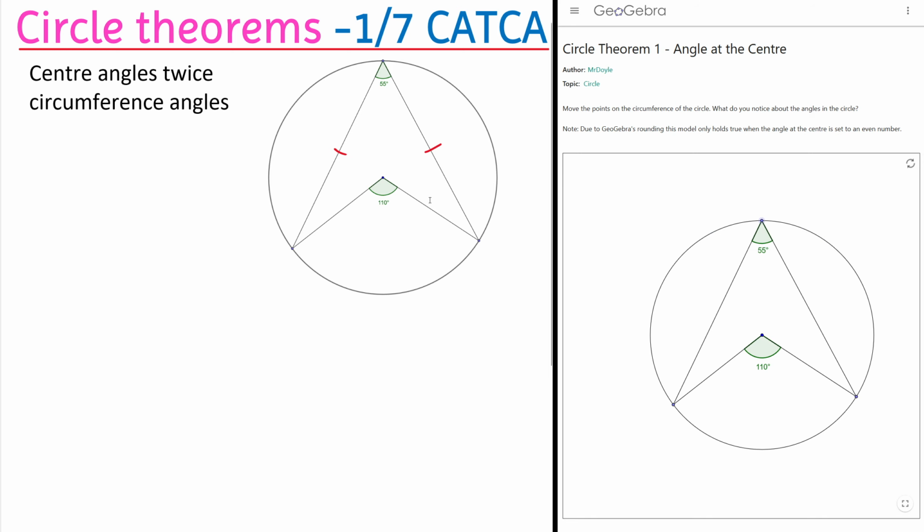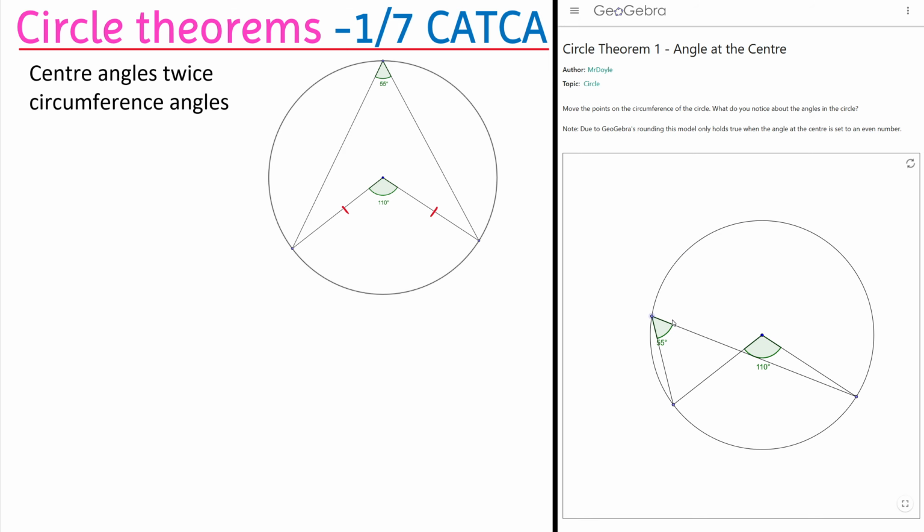Just because it looks like it's roughly in the middle, we can't assume they are the same size. We can assume that this radius and this radius are the same size. That's fine. Radius is always the same size as each other. So in this situation, center angles twice circumference angles, all fine.